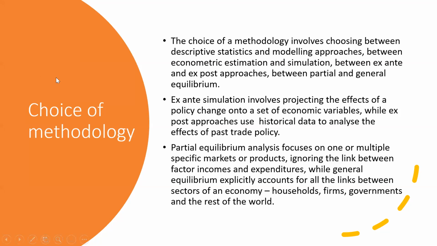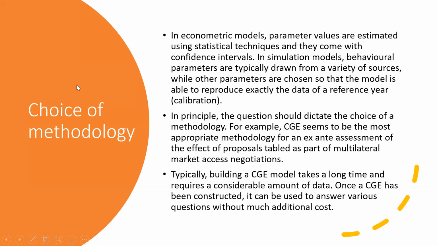So, in econometric models, parameter values are estimated using statistical techniques, and they come with confidence intervals, significance levels, and so on. In simulations, what you are doing is calibration most of the time.